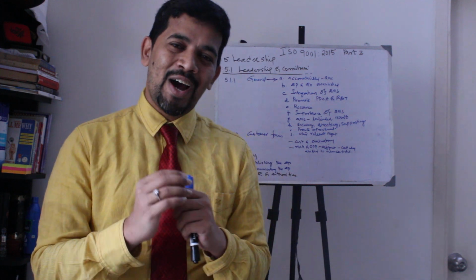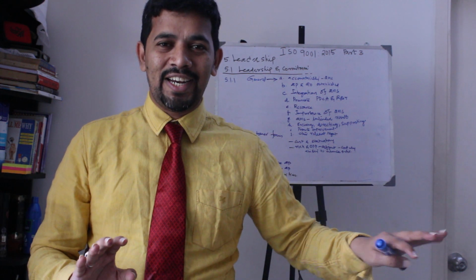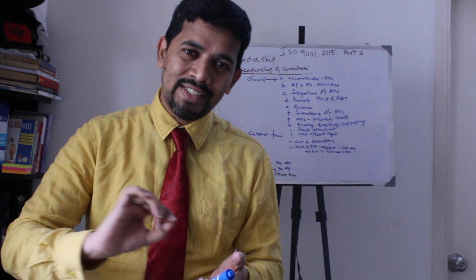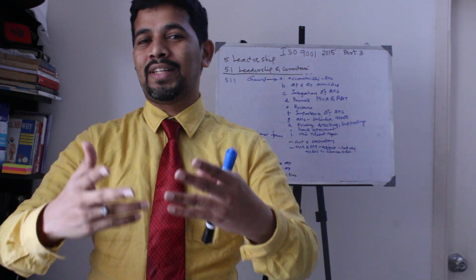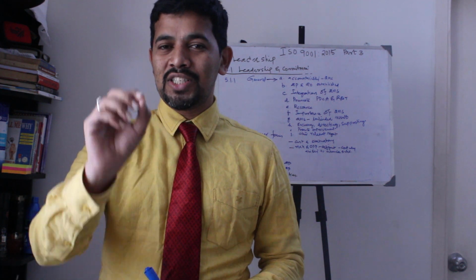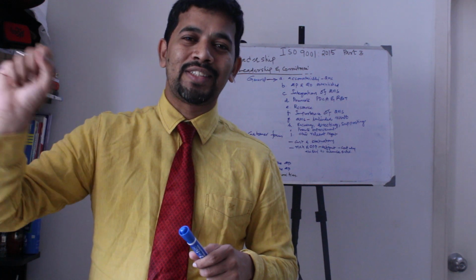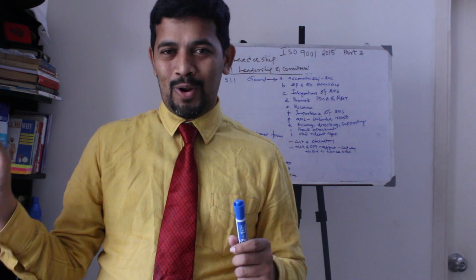Another one, top management shall establish, meaning they cannot delegate. They have to do it, they are the signing authority and all that. For example, take the quality policy. The top management shall establish the quality policy, meaning only they can endorse and sign off the quality policy as such.